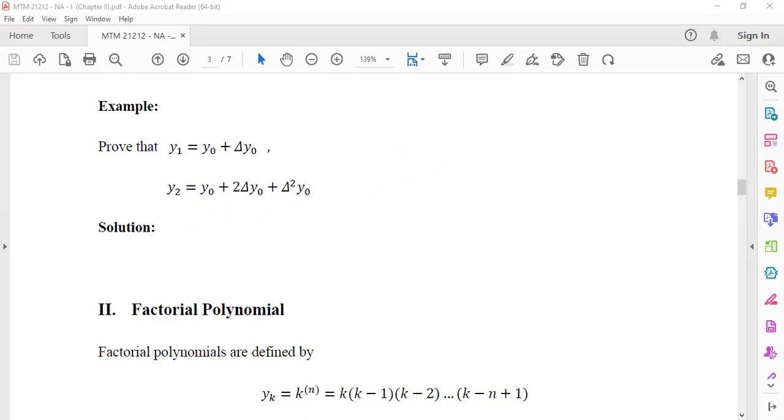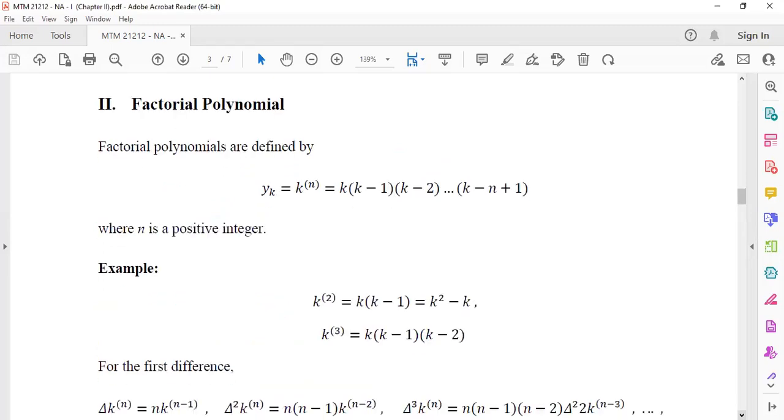The second polynomial we are going to study is the factorial polynomial. So what do we mean by factorial? Factorial itself we have seen: n factorial means n into n minus 1, and so on, up to 1. And polynomial itself, you know the definition.